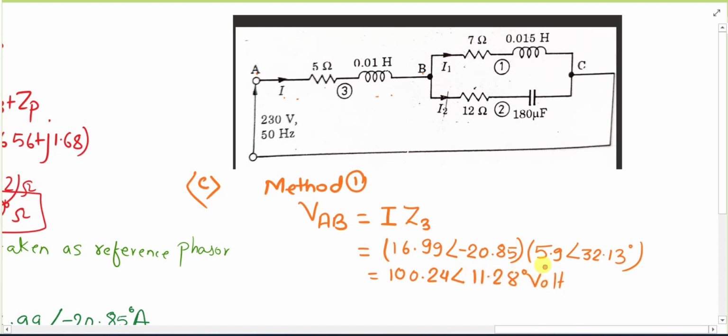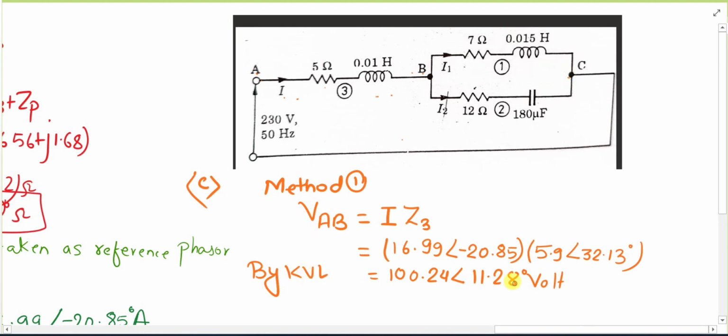Now by using KVL, what does KVL state? From KVL we can say the total voltage is equal to the voltage drop across AB and BC.